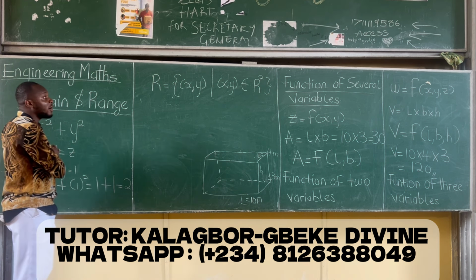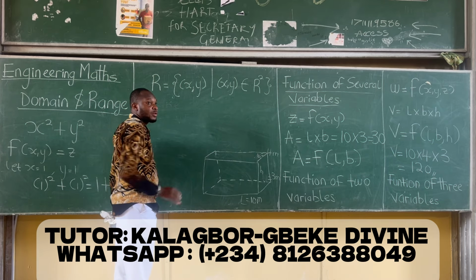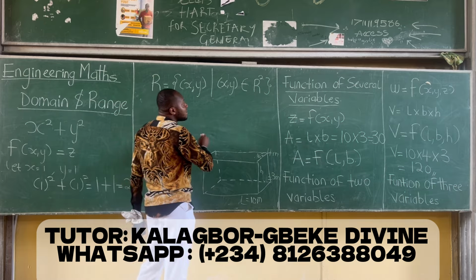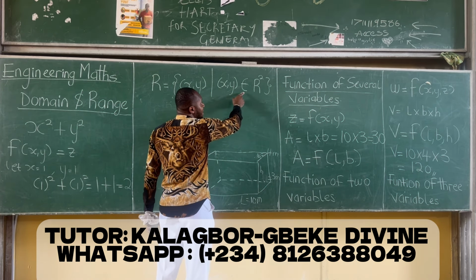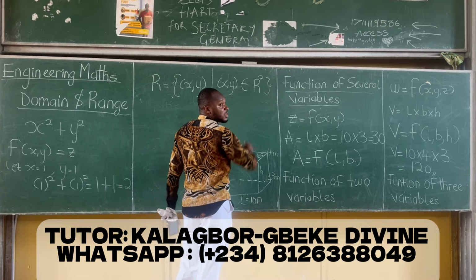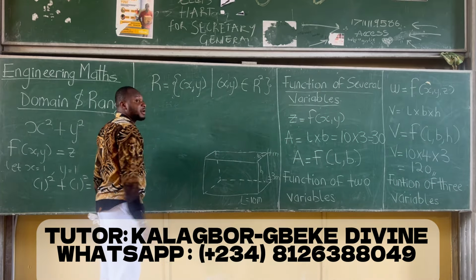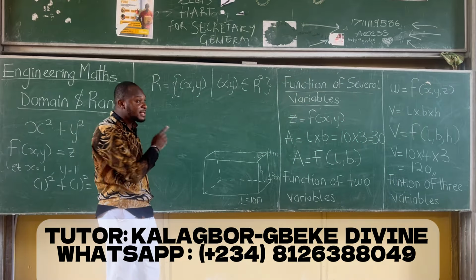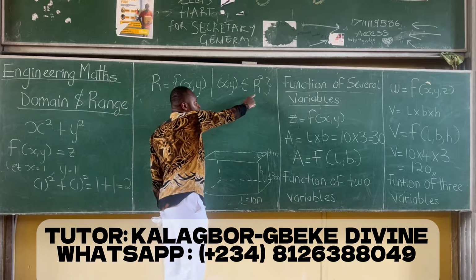So our range of values that can go in as x and y will be x and y such that x and y is a subset of all real numbers. So any value you put in as x and y will be a set of all real numbers.